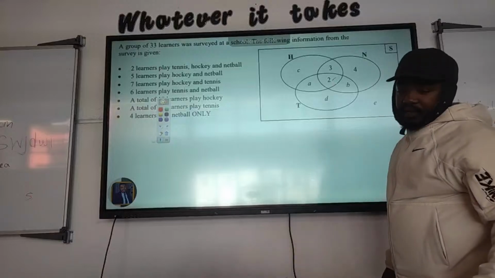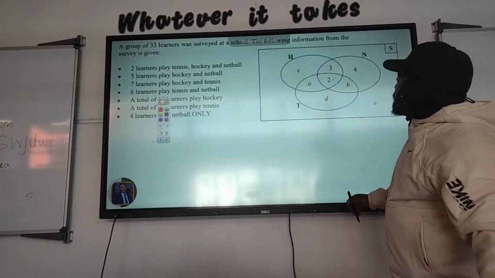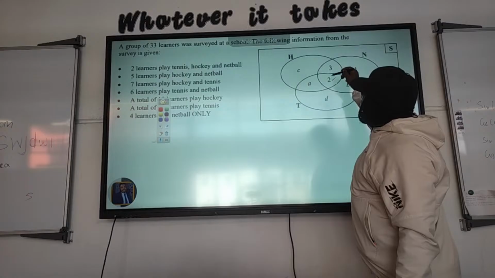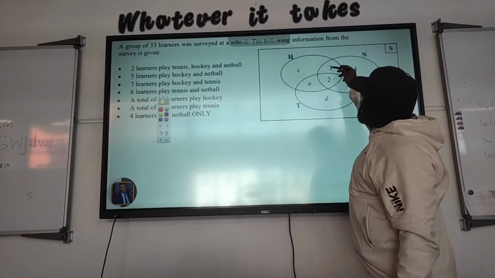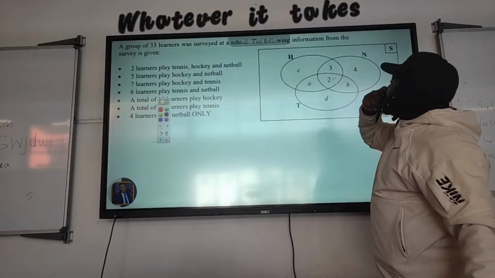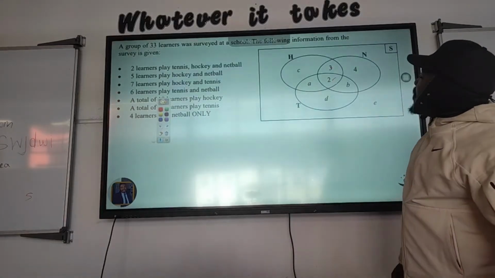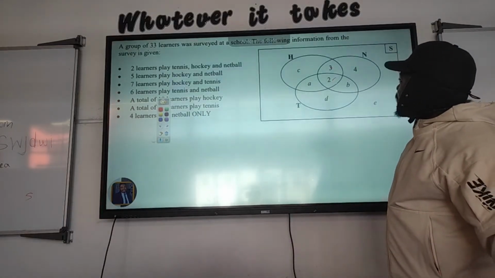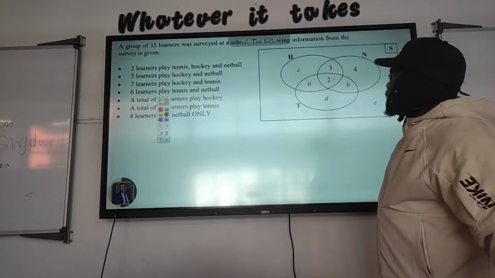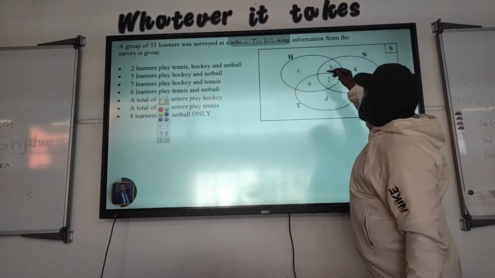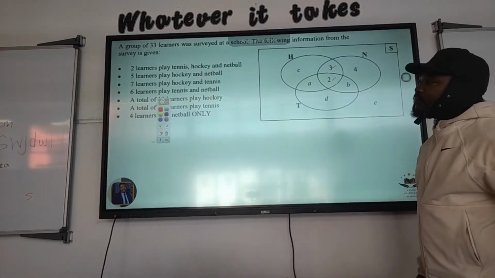That's why we have that 3. So it will be 5 minus 2, which is 3. So we verify that this 3 comes from the 5.